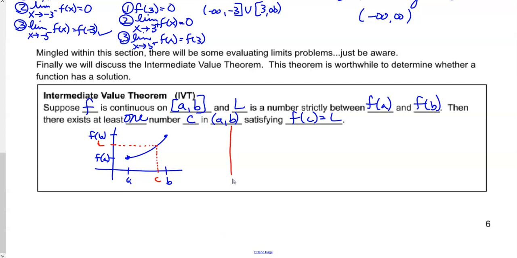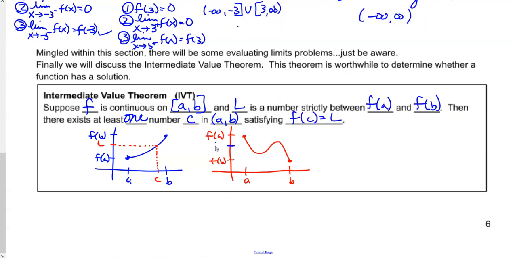So then if I draw also a graph, call this one A, call this one B, and I end up having a function, start with a point here, and I end up doing something like this, and come down to B. Same way, if I throw B in, then the matching Y value here is f of B. If I throw A into my function, then over here the matching Y value is f of A. Now, I'm going to choose some L value.